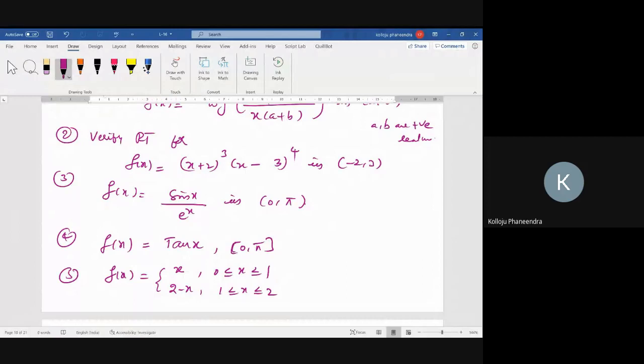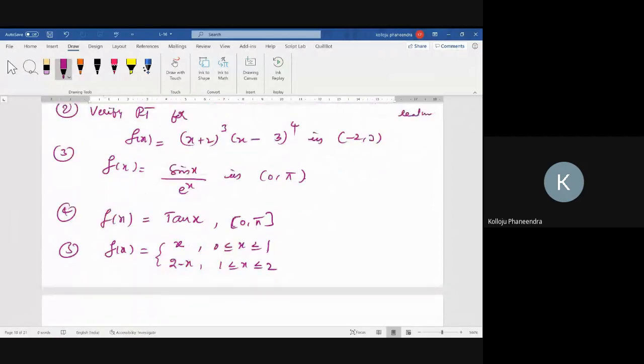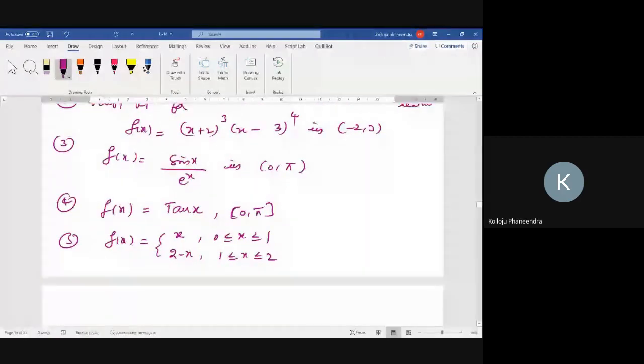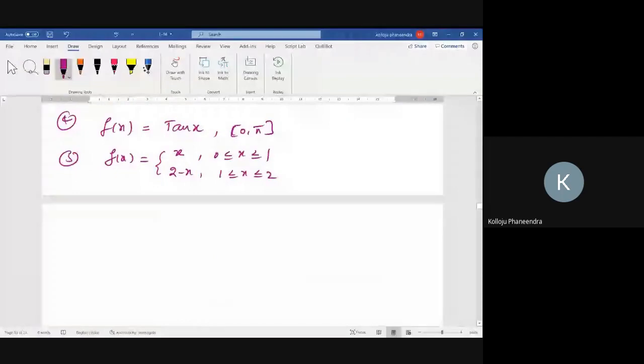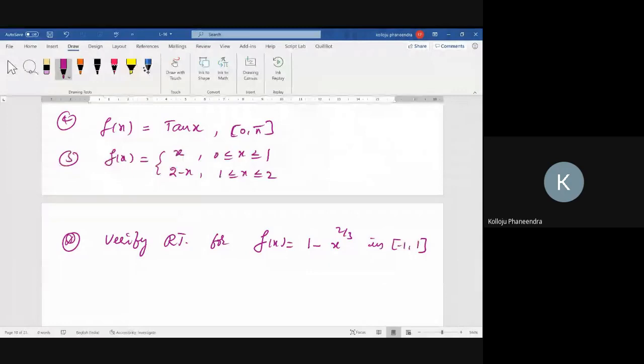And another one, see one problem, I need to tell one question fast. Verify Rolle's theorem for the function 1 minus x power 2 by 3 in the interval minus 1 to 1, for example. Okay, solution.